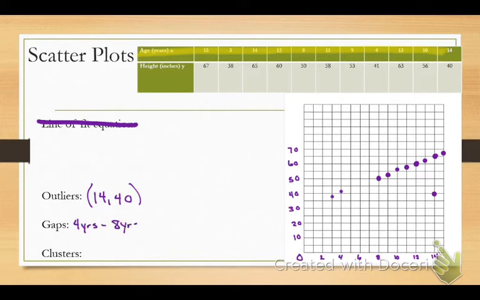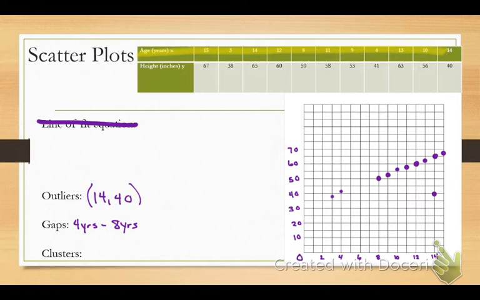Okay, remember, we describe gaps by x value. Okay, what about clusters? Did I make a mistake here? Yeah, but normally a cluster would be the same x value.